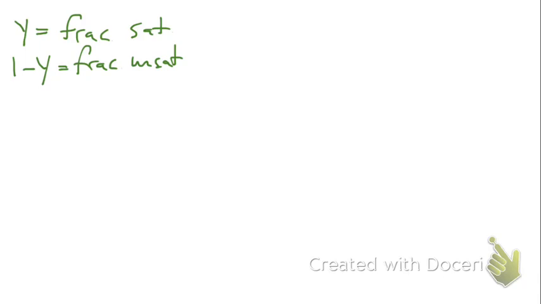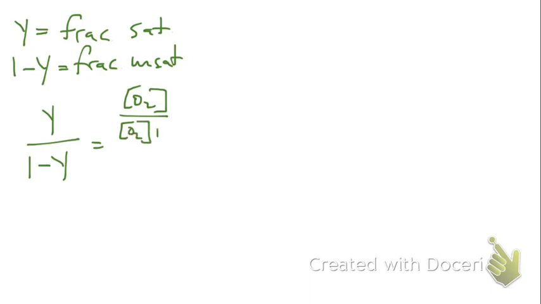And the way that we can make the Hill graph linear is by taking Y divided by 1 minus Y. And that is going to equal, so we said Y is equal to this, and we're going to divide it by 1 minus the same thing.